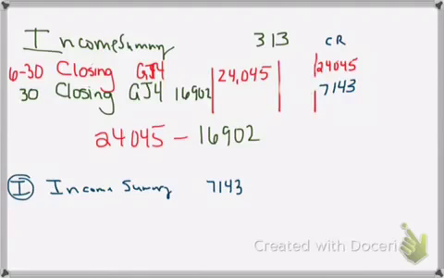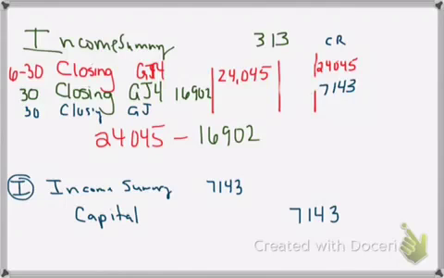The account that I close income summary to is going to be the capital account. So I will take it to the capital account for 7,143. So then this would get posted as of the 30th. Again, it would be closing. I would have a general journal page 4, and it's for 7,143.